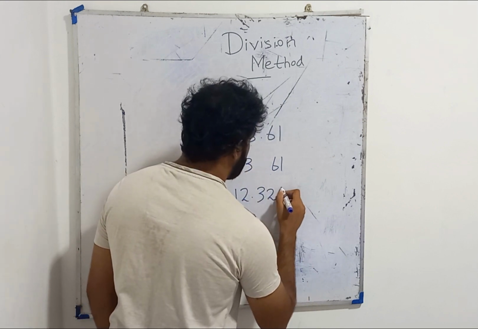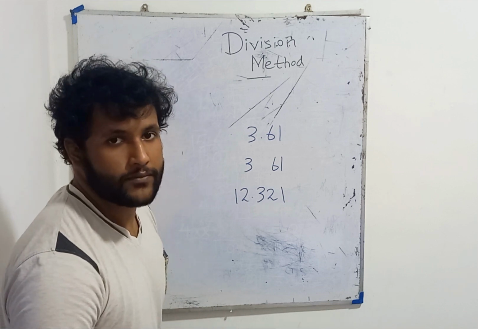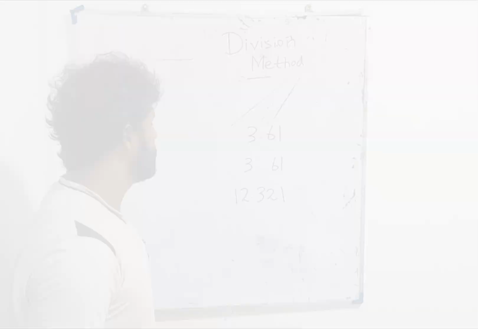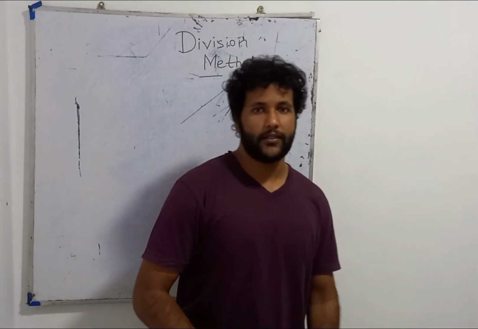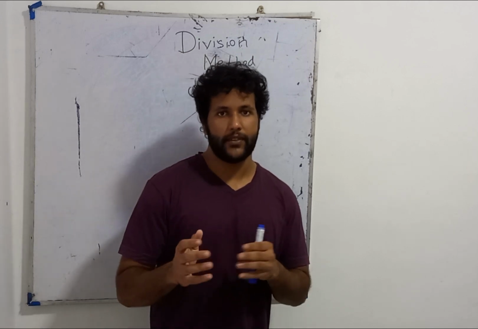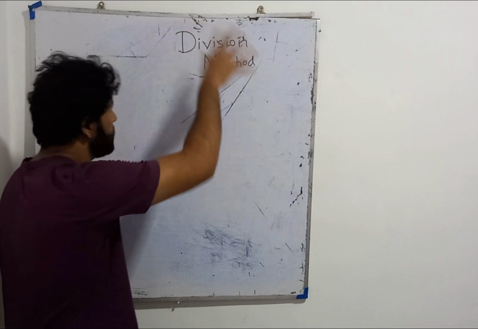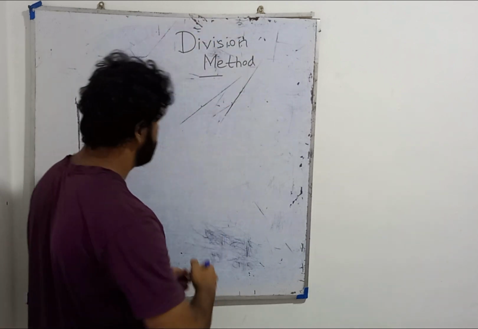Another example is 12.321. Okay guys, let's go back to the lesson. We were talking about how to separate decimal numbers in order to apply the division method.